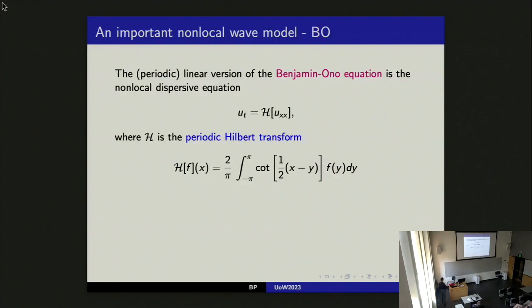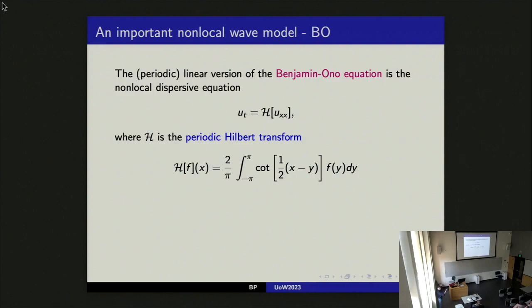So after I had first got interested in this, we agreed to get together and do a research in groups project to study these non-polynomial dispersions, which, for example, in the BO case, that's one we studied, corresponds to a non-local PDE. Okay, so the non-locality is not in the nonlinear term. So the linearized PDE also is non-local, as given here.